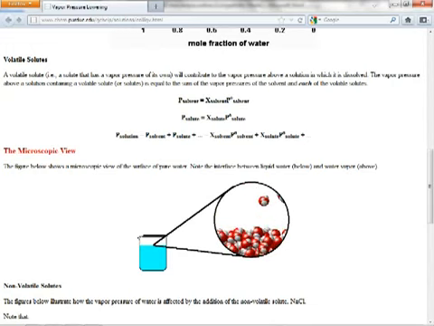Otherwise it's all going to evaporate. They should have had it sealed, so you reach an equilibrium between the liquid and the vapor phase. And if you have a vapor phase, you have to have a pressure, the vapor pressure. You can look it up in tables.